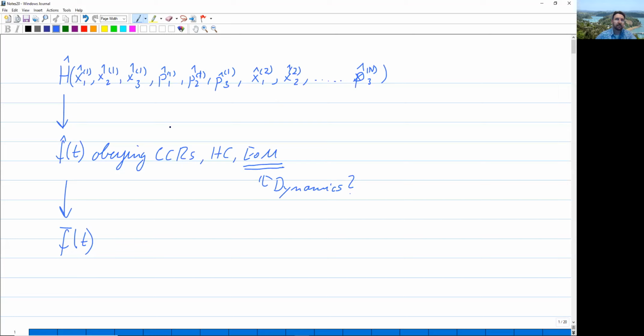That means that we need to find these as functions of time. So we need, e.g., x hat for the fifth particle, second direction, as a function of time, etc. Plenty of them. How many of those are there? Well, 6n of those.